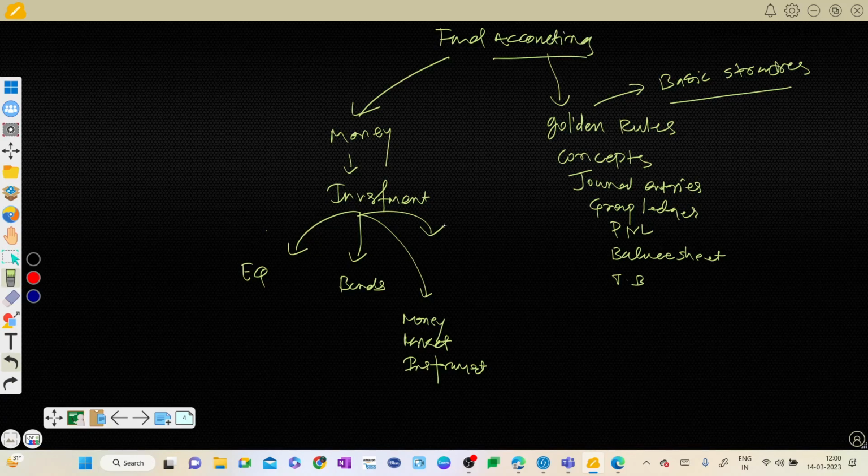Equities, bonds, money market instruments, derivatives, FX markets. These are the instruments where funds raise money and invest into them.